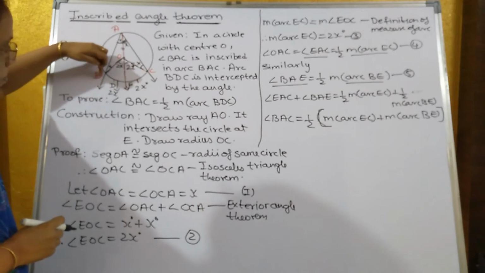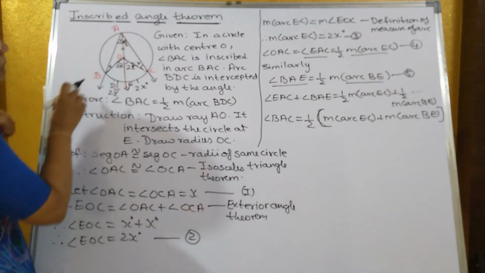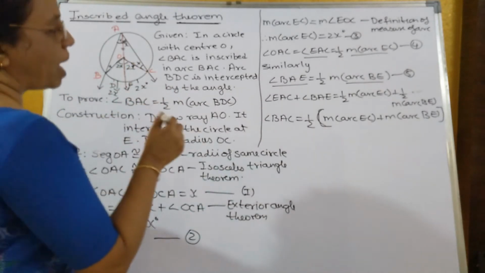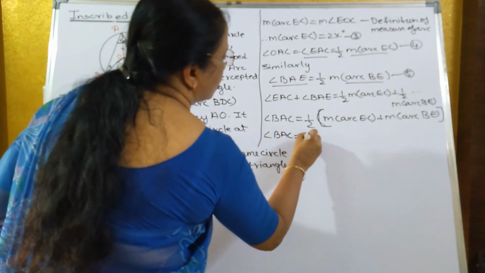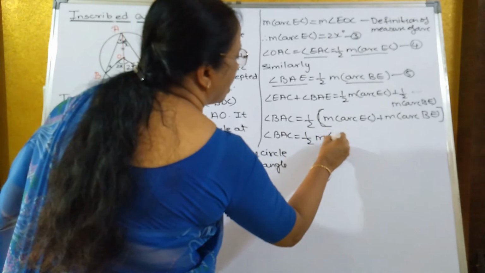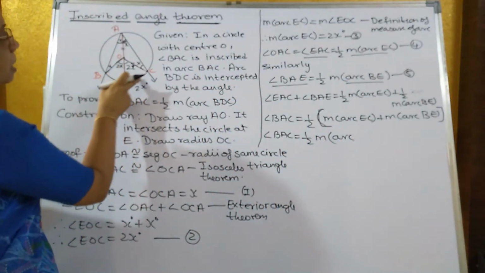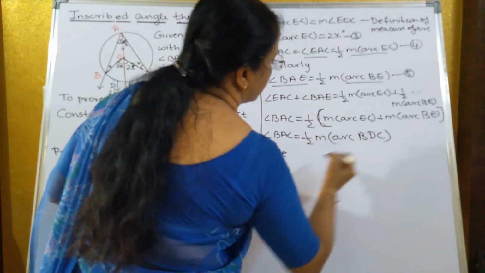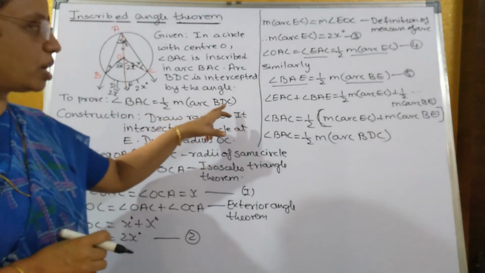So BE and EC together will become what? BC. तो मैंने अगर BE और EC को ऐड किया तो मुझे क्या मिलेगा? BC. So angle BAC is equal to half of measure arc BC. Instead of BC, I can take BDC. Arc BDC. So that is what we had to prove. Angle BAC is equal to half of measure arc BDC.